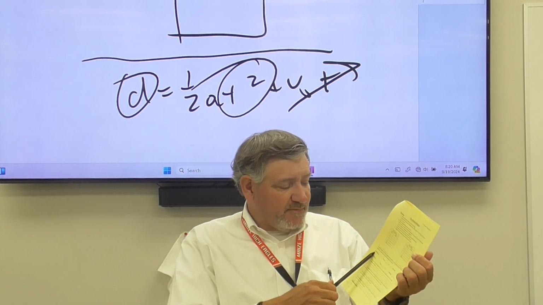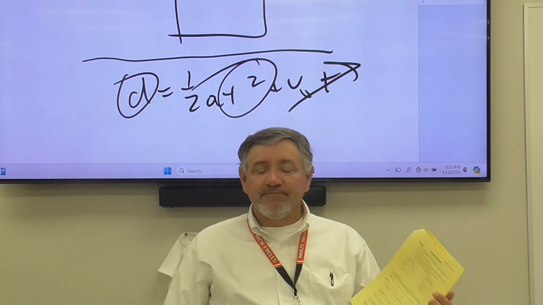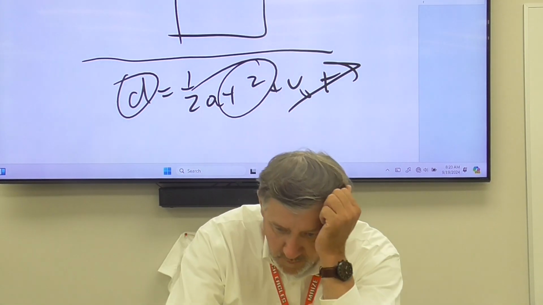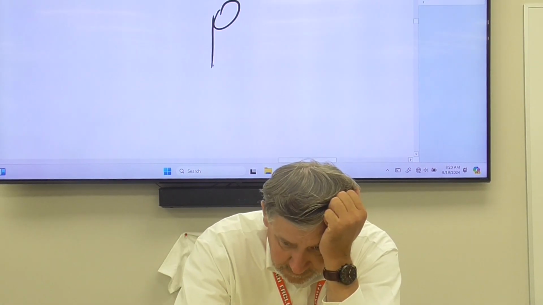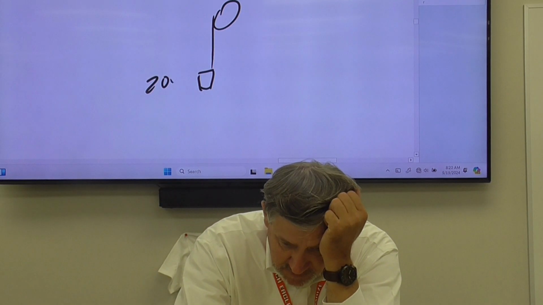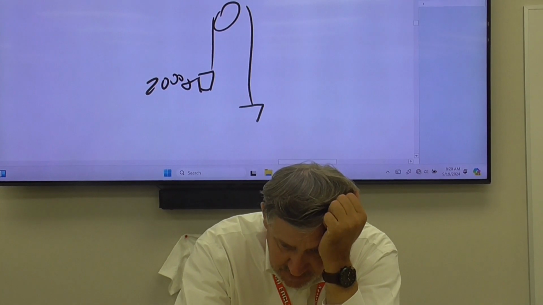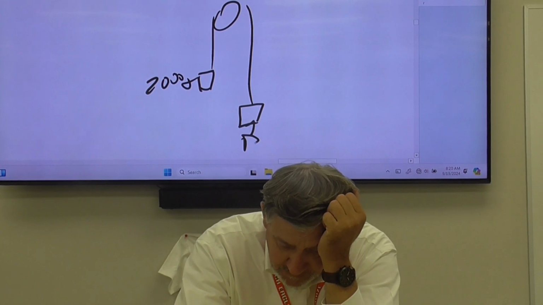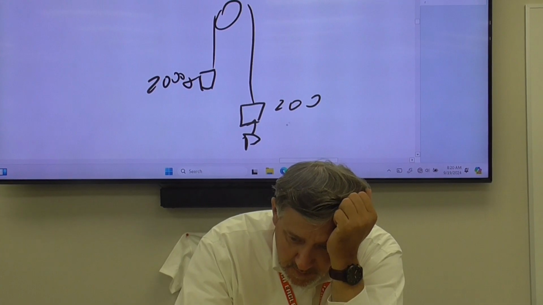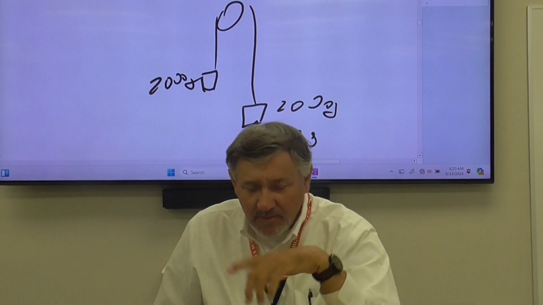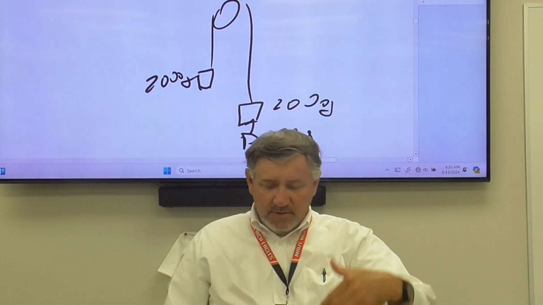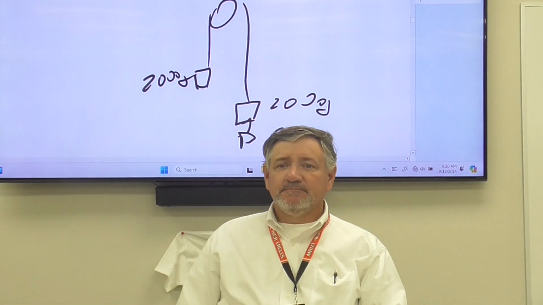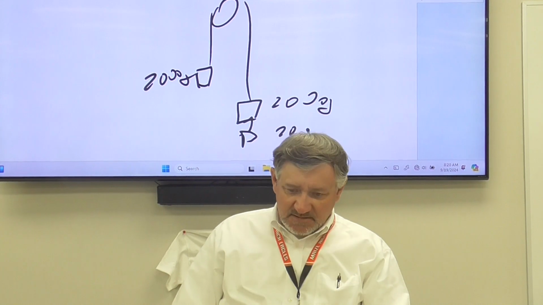So, you're going to have the 200 and the 220. When you look at that, you've got the 200 grams and the 220. Which one are you going to call the applied force, and which one are you going to call the opposing force? The 220 applied. Yes.